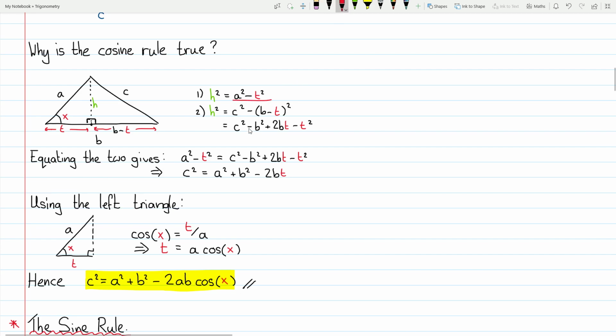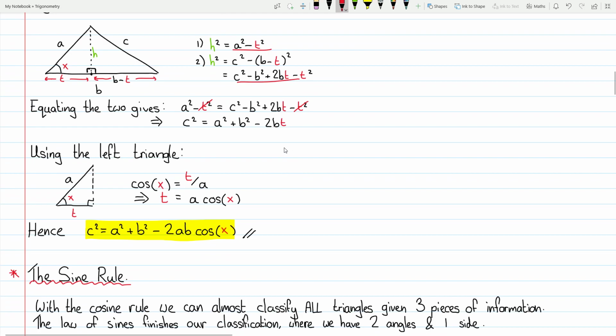So by transitivity, we can just set these two things equal to one another. We can, of course, take away the common terms. We can add b squared to both sides, subtract 2bt from both sides, and we get this expression.